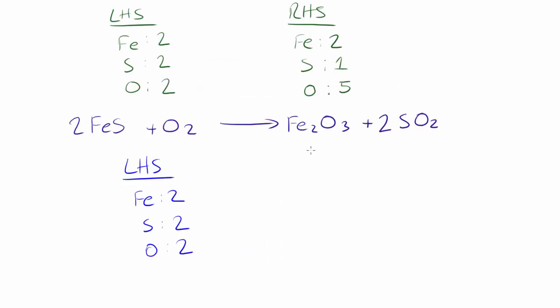On the right hand side, we've added 2 in front of the SO2 here, but as far as iron goes, it's not been affected by that change because it's over here. So for the iron, it's just going to be the same count of 2, right? For sulfur, on the other hand, we've put a 2 in front of the SO2, so this gets multiplied by 2, right?